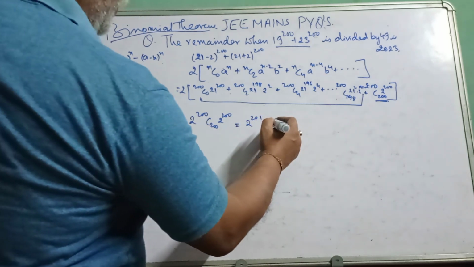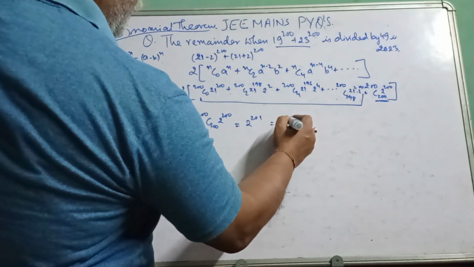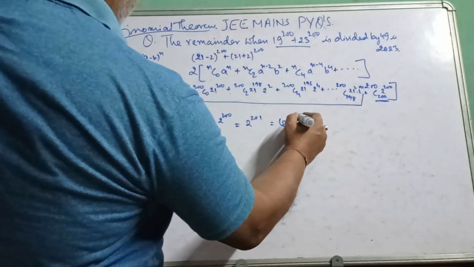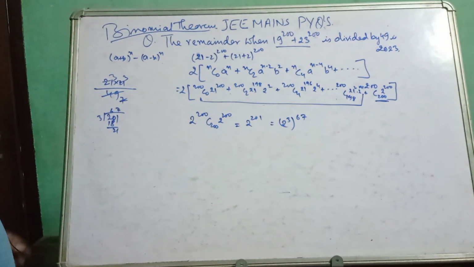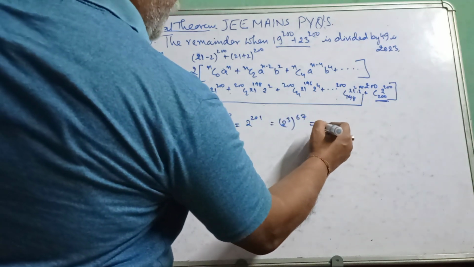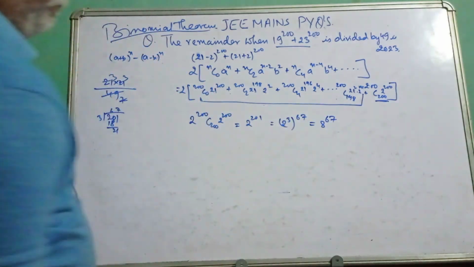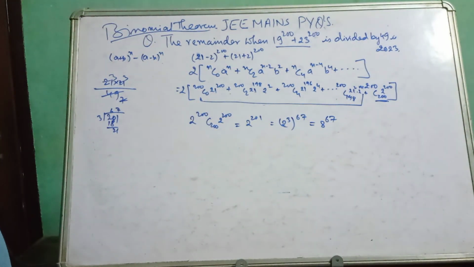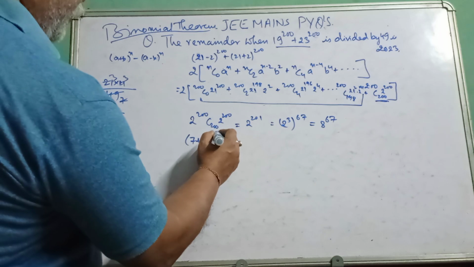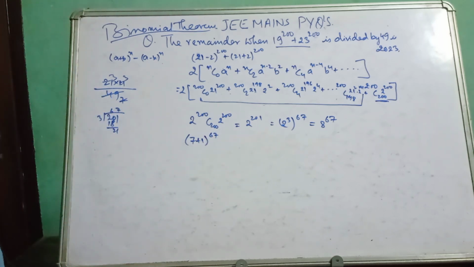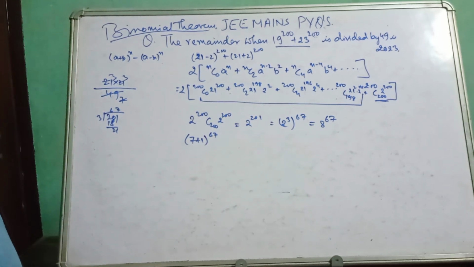So this will be equal to 2 cubed to the power of 67, which can be written as 8 to the power of 67. So 8 can be written as 7 plus 1, to the power of 67.